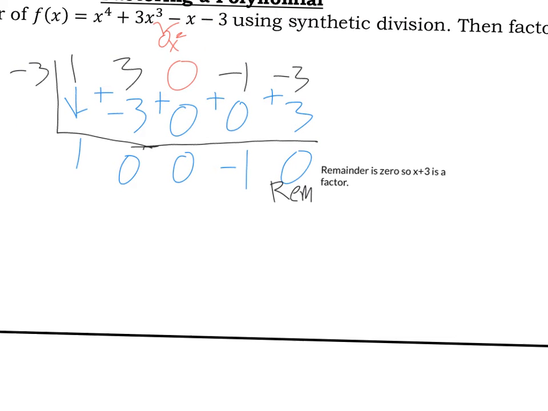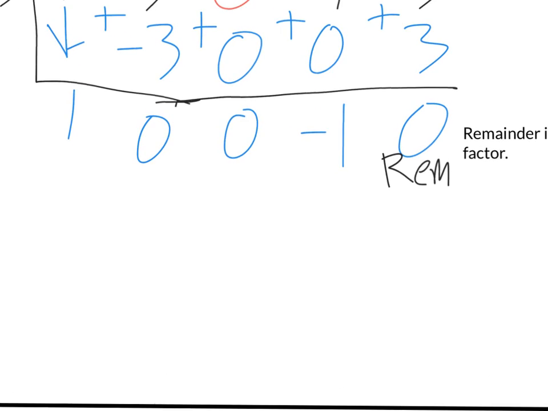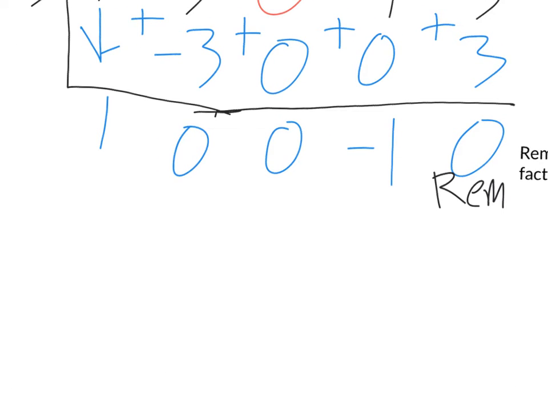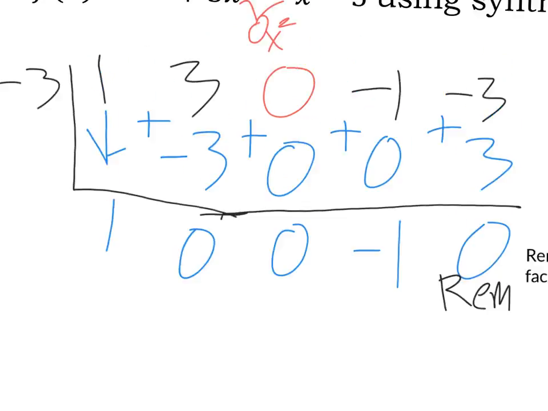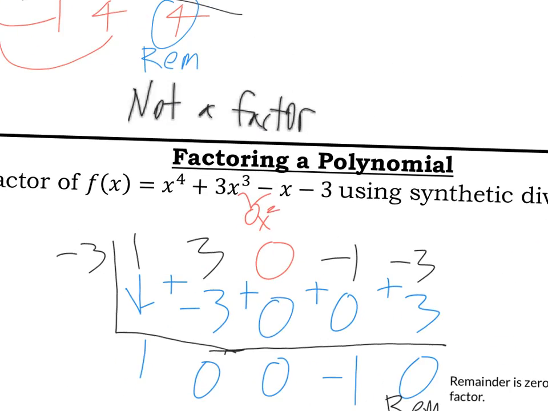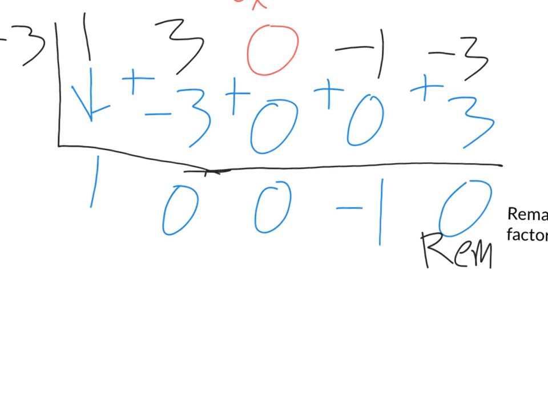Now, how do you factor it completely? Well, remember, synthetic division will decrease your power by 1 after you divide, because I'm starting with x to the fourth, and then I'm dividing it by an x term. So my answer will start with x to the third, and then it'll go x squared, then plus something x, plus some sort of constant term, plus your remainder.